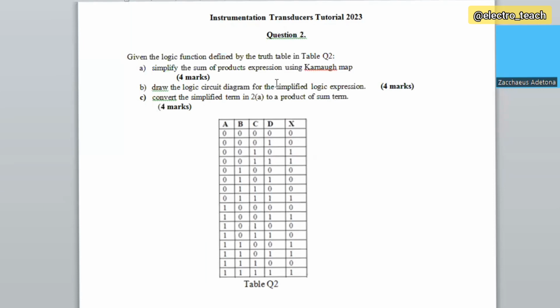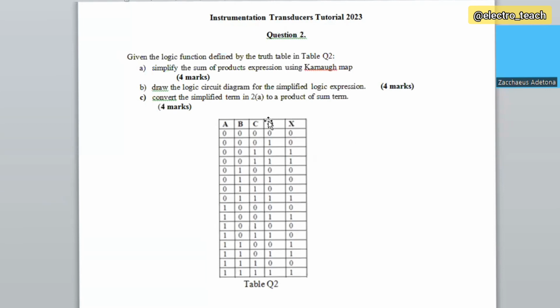First of all, we simplify by Karnaugh map. Then after simplifying it, we draw the logic circuit, the combinational logic circuit for that.